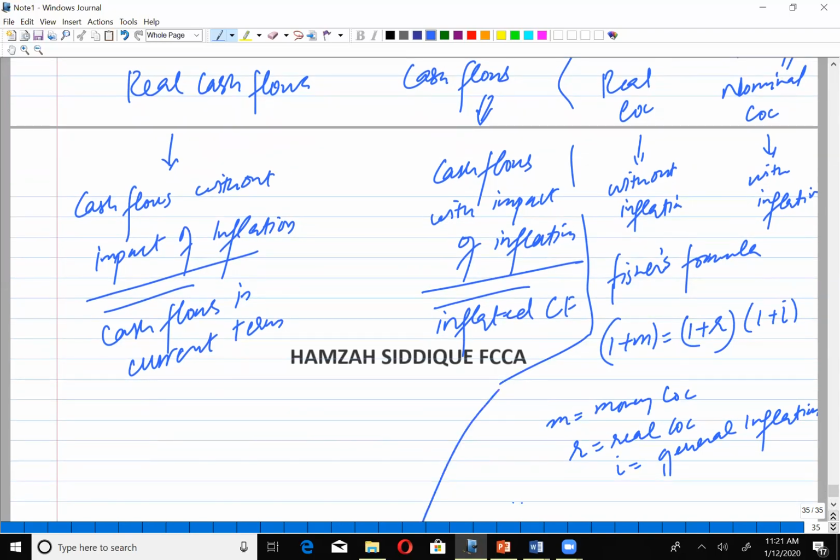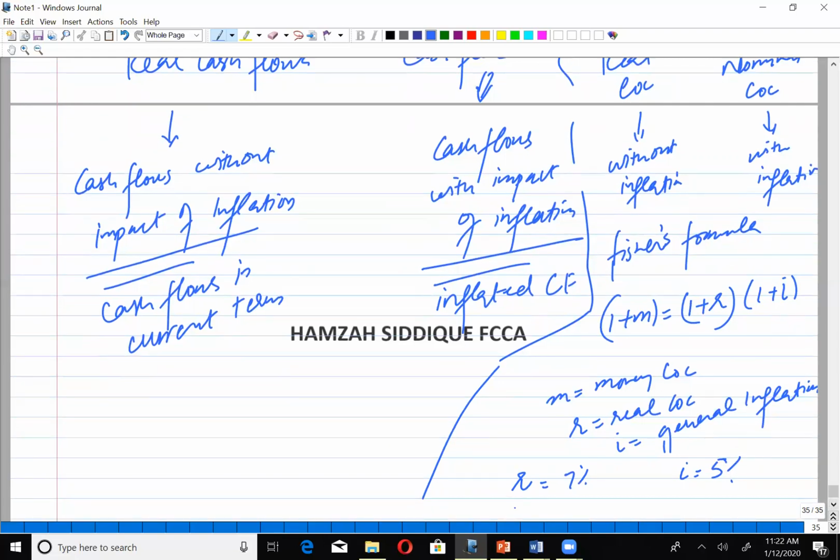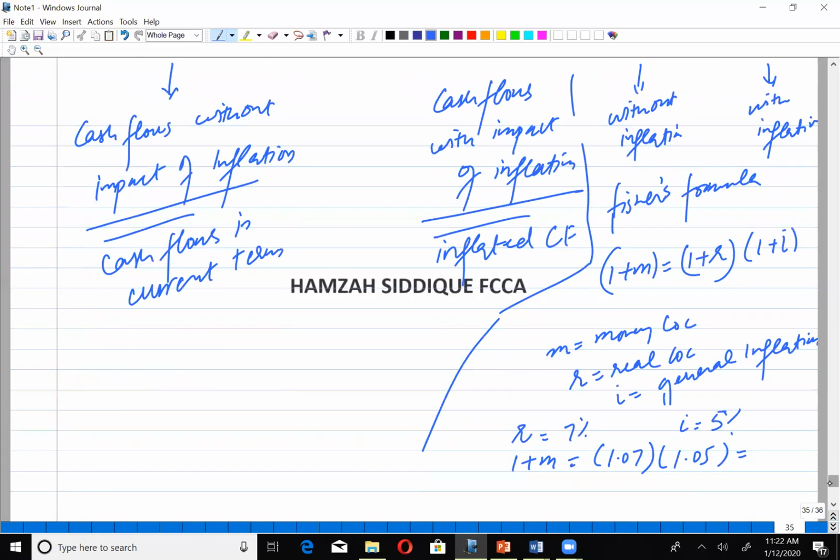For example, real cost of capital is 7%. Inflation is 5%. So what is the money cost of capital? 1 plus M is equal to 1.07 into 1.05. We can easily solve it and calculate.